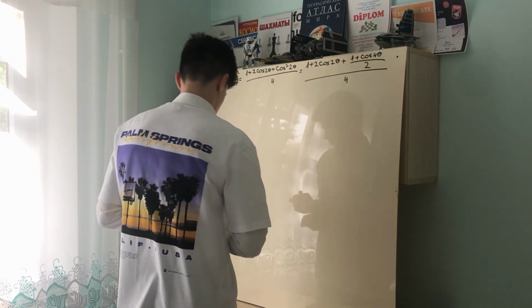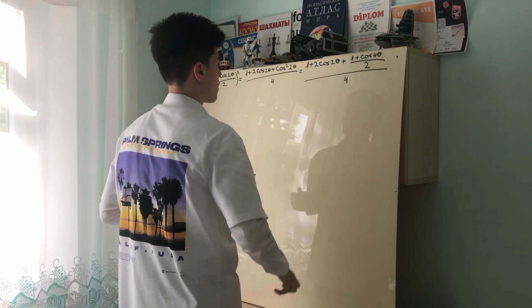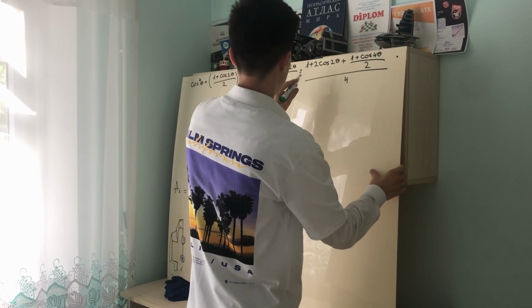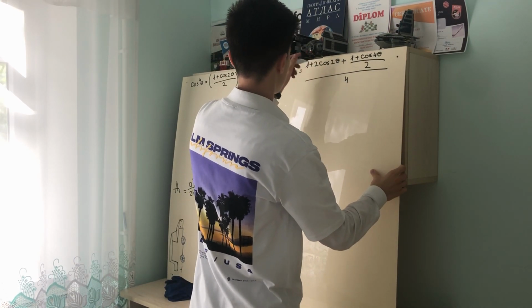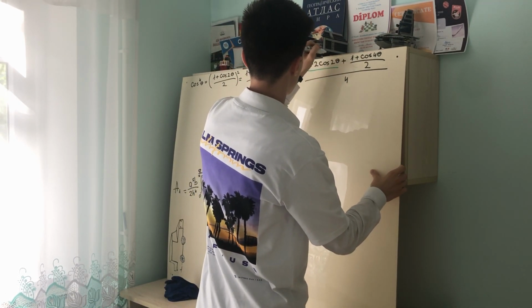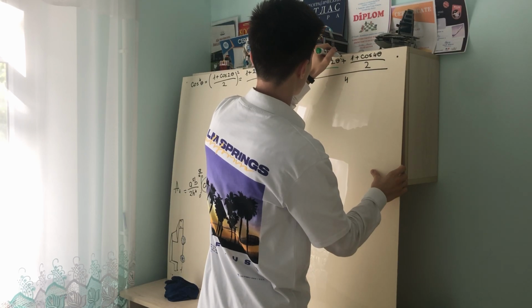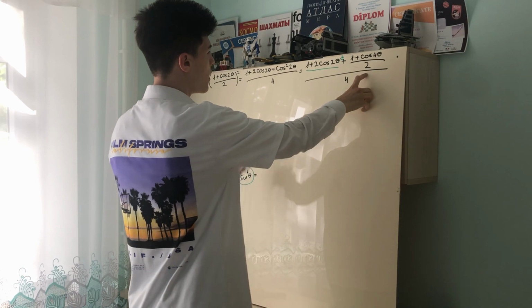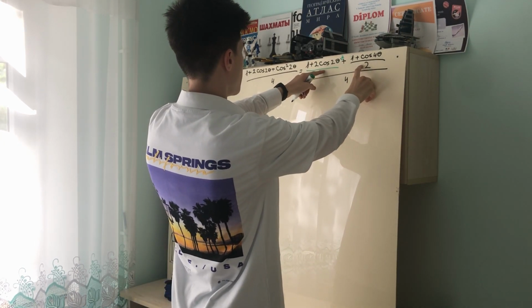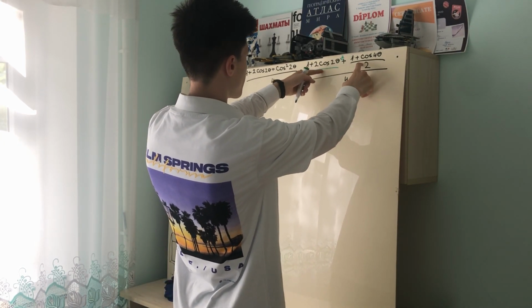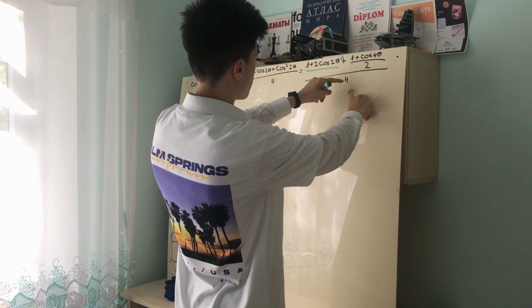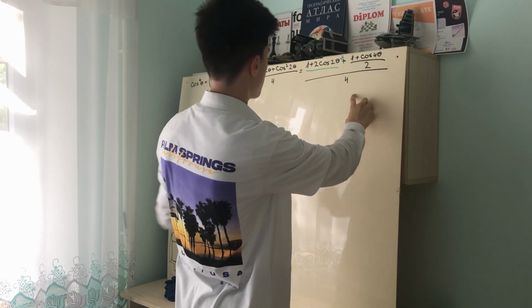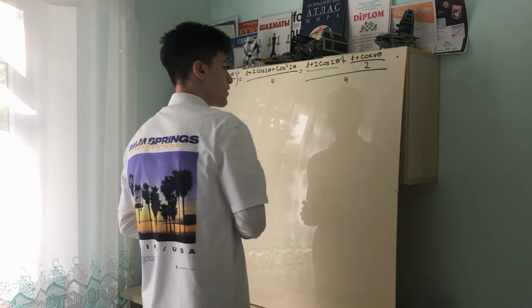So we can multiply this one by 2 so we have a common denominator, and when we have 2 in the denominator, we can flip it up, so it will be 4 times 2, which is 8.